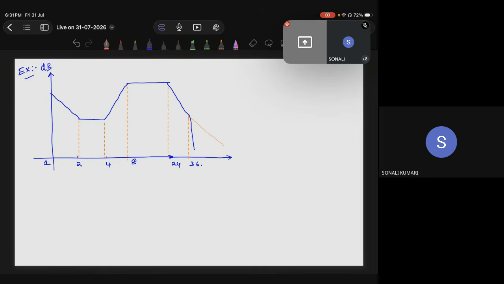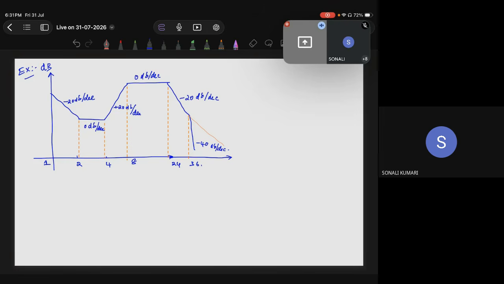This is minus 20 dB per decade, this is 0 dB per decade, and this is plus 20 dB per decade, and this is 0 dB per decade, minus 20 dB per decade, and this is minus 40 dB per decade. So now the Bode plot is given to you.